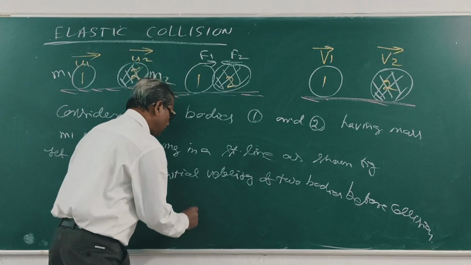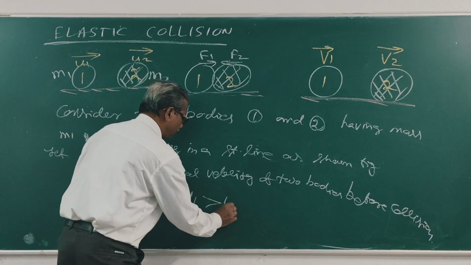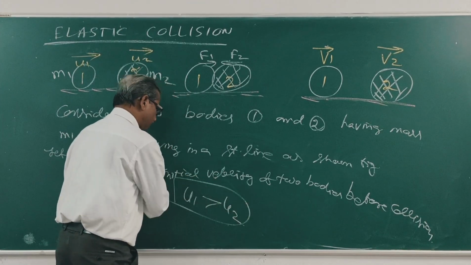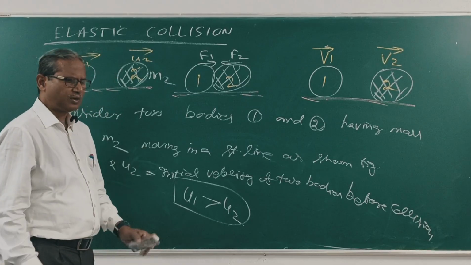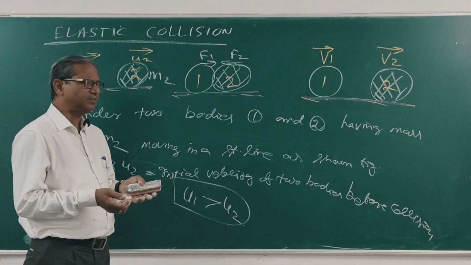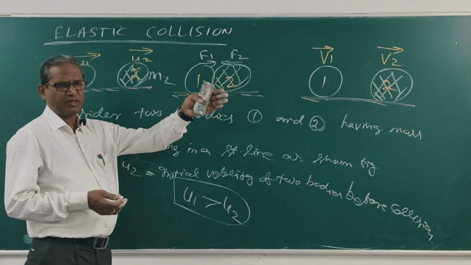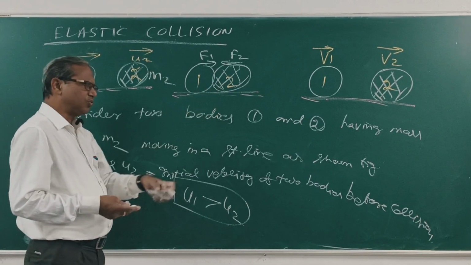Now u1 is more than u2. Now the collision takes place and the bodies move with velocities v1 and v2.